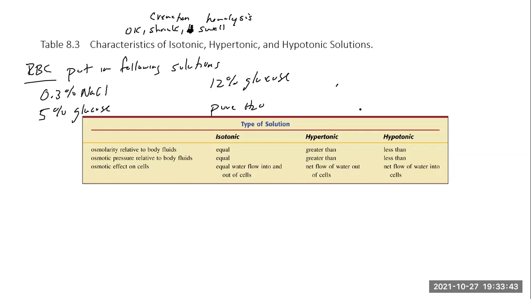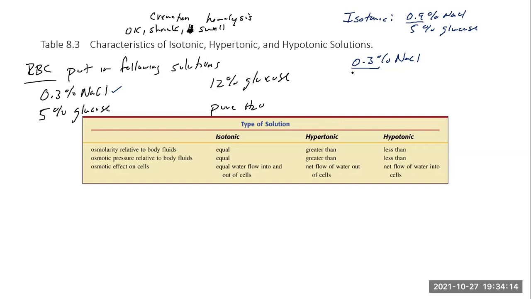So again, obviously, to help you make these decisions, remember what we just talked about, which is what are basically isotonic solutions, and that's 0.9% sodium chloride and 5% glucose. So when we look at the first one here, which is 0.3% sodium chloride, it is as simple as 0.3 is less than 0.9.